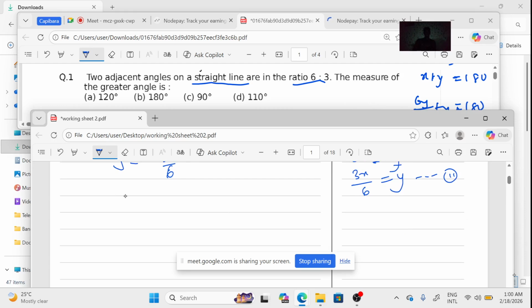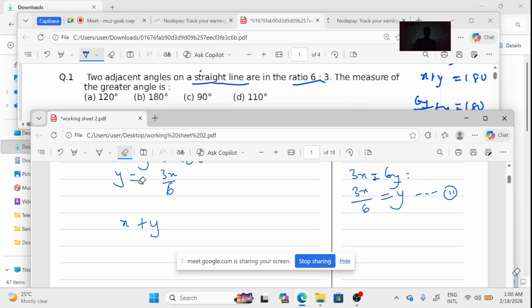Instead of writing y from equation 1, instead of x plus y, I'm just going to be writing 3x over 6. So 3x over 6 is equal to 180. This is the same as x plus y equals 180.